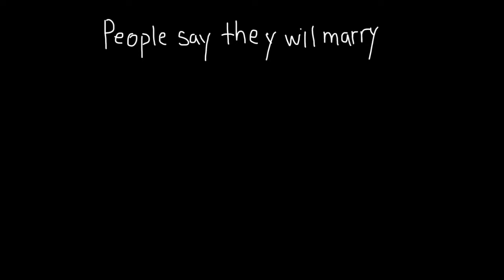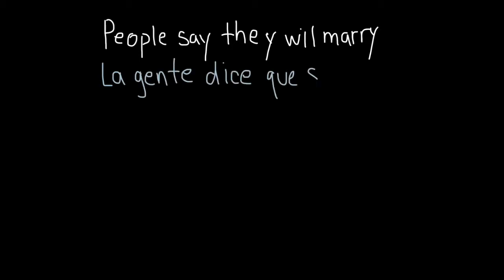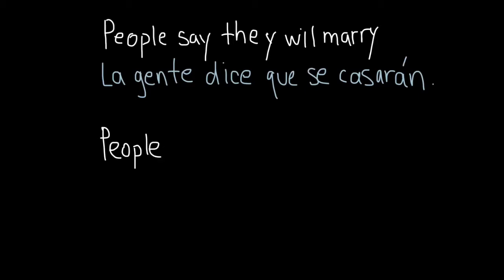So let's take a look at an example. People say they will marry, which means la gente dice que se casarán. So the perceived action in the future will be to get married.